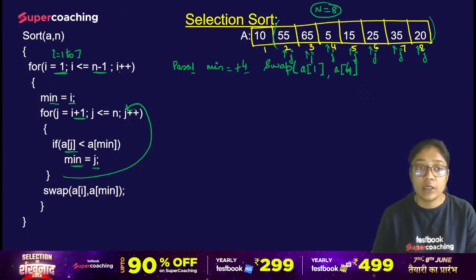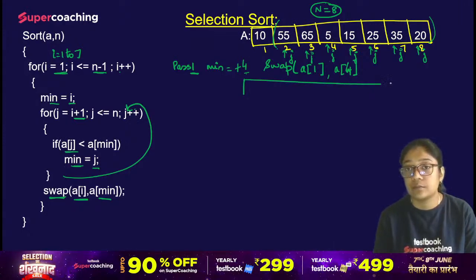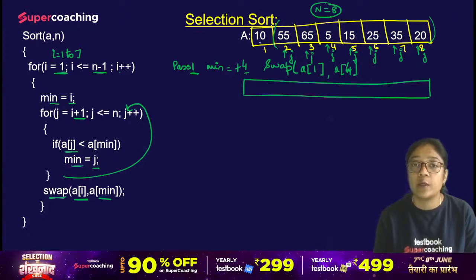This is what I have written here. जब ये execute हो जाएगी पूरी loop, बाहर आके this is swapping a of i. इस केस में हमारे पास i की value 1 है और min कहाँ पे मिला? At the position 4. So this will result into an array. सिर्फ दो ही elements swap हो रहे हैं, 5 and 20 will be swapped. Here we'll get 5 and 20. This was 10.